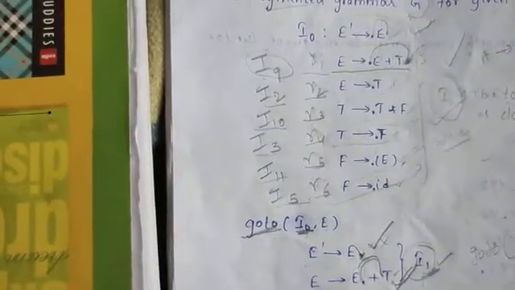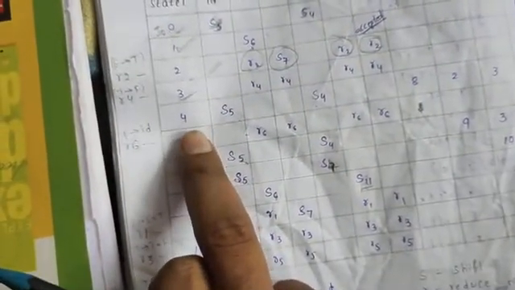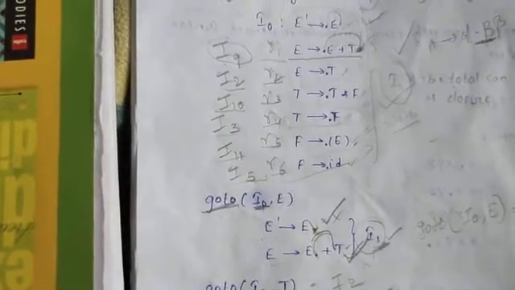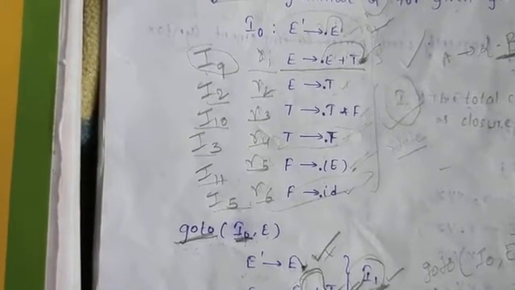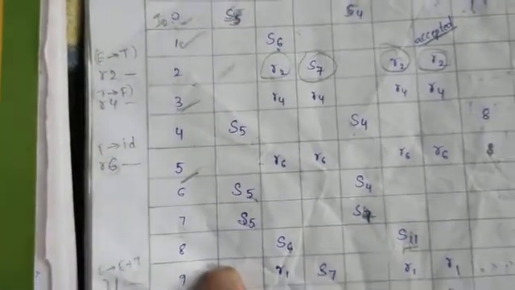R4 in I3, R5 in I11, the 11 state, and then R6 in the 5th state. This is the 5th state. Like that we are placing.